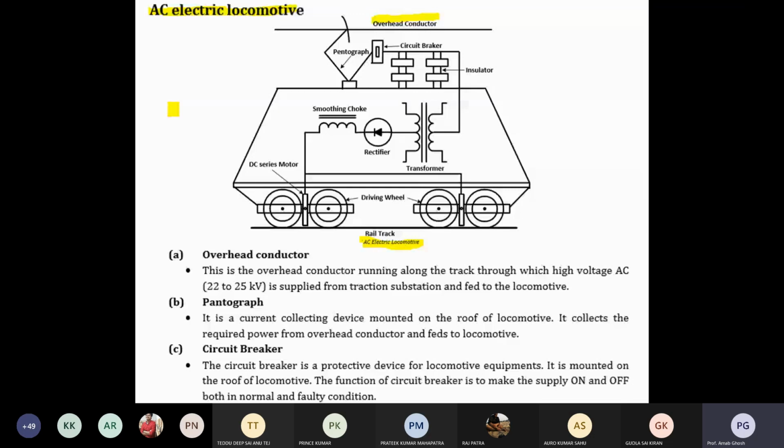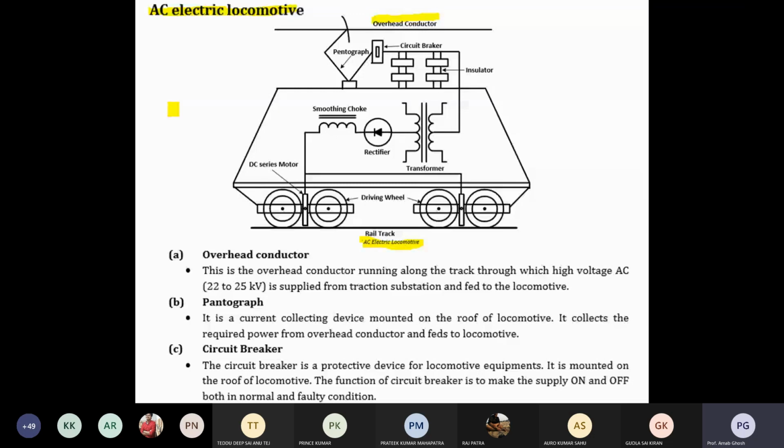The contact wire is connected through the dropper, which I have already discussed. So two wires are there. The catenary is of ACSR type and the contact wire is a solid wire. The cross section of the contact wire looks like an 8, and it is made of an alloy of cadmium and copper.